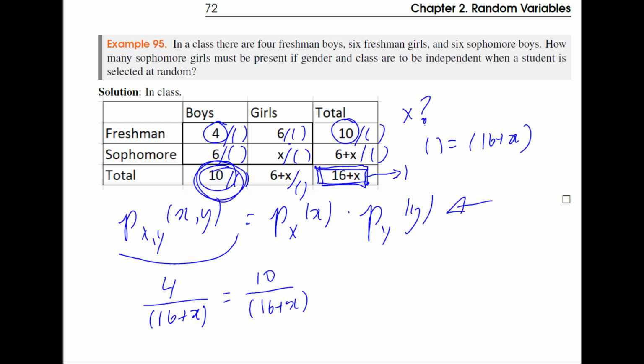The row totals and column totals are your marginals, which is the same, so I'm just going to square it. And then you can do the math and solve for x. And you'll see that x equals 9. So it turns out that if you have 9, then these two random variables of gender and class will be independent.